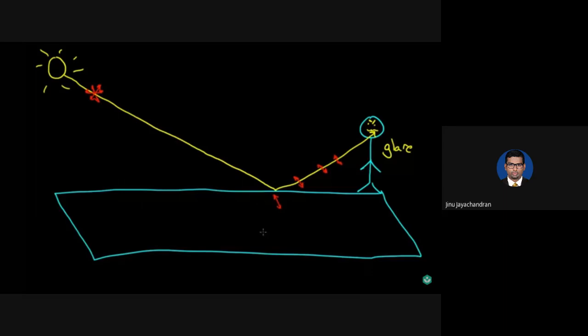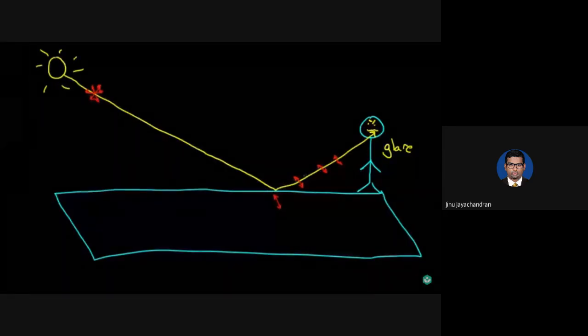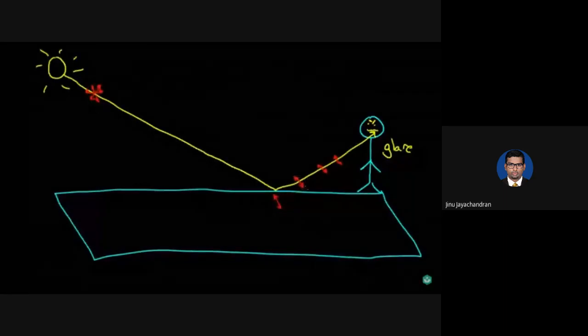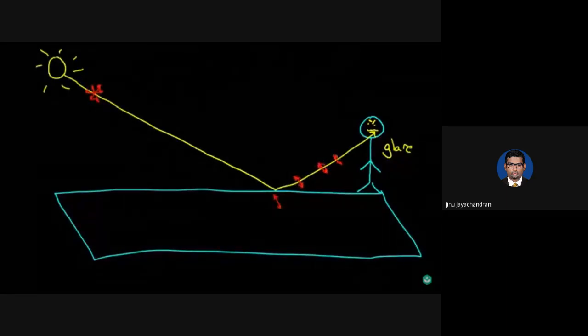So because the floor is horizontal, when this light ray hits the ground and reflects, that reflected light gets partially polarized. This horizontal component of the electric field is going to be more present than the other components. Maybe not completely. Sometimes it could be completely polarized, but often it's just partially polarized.